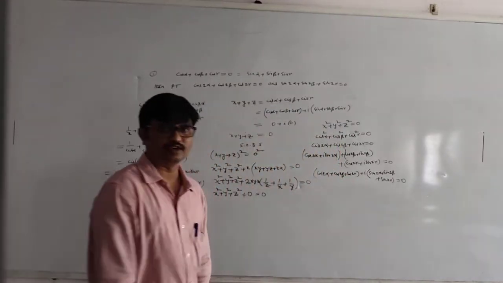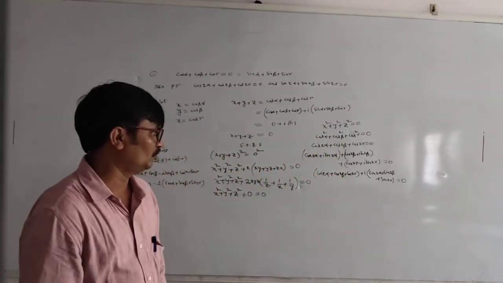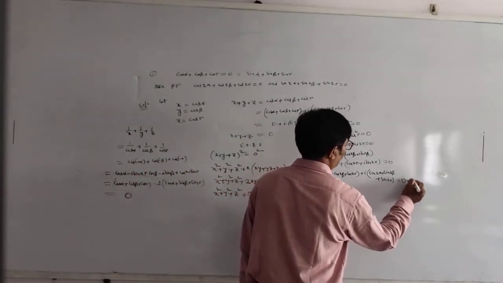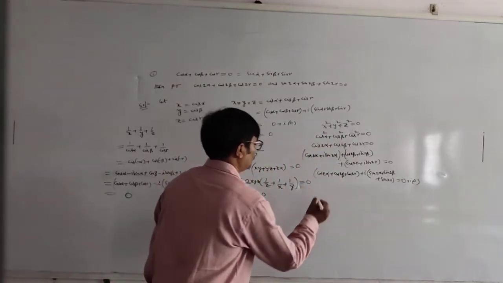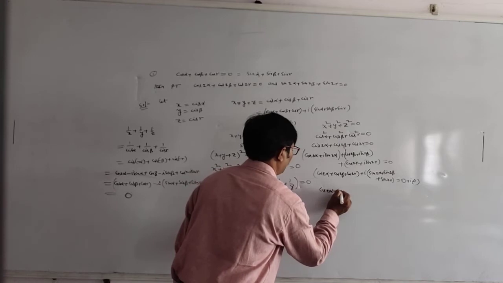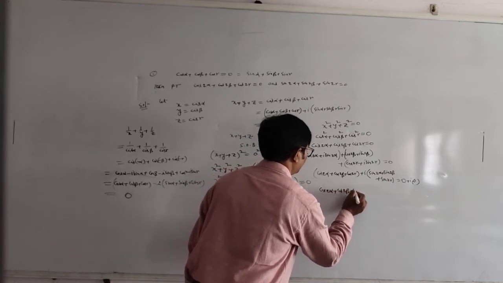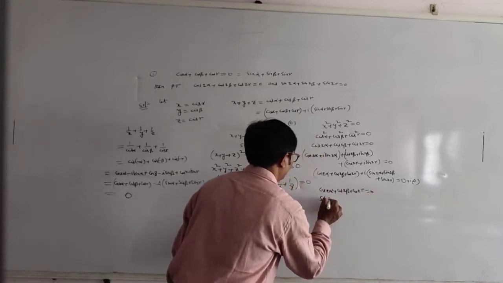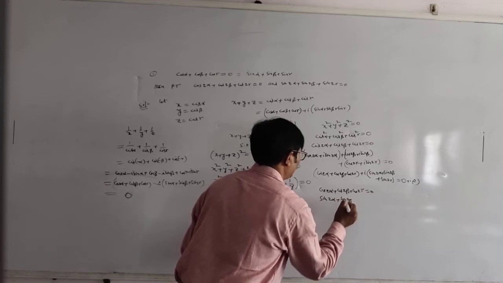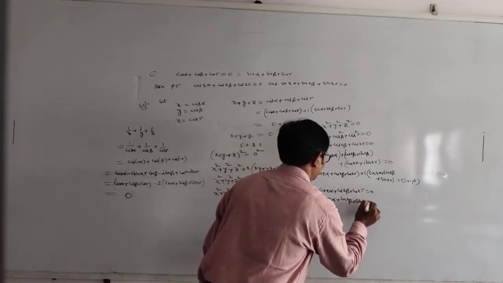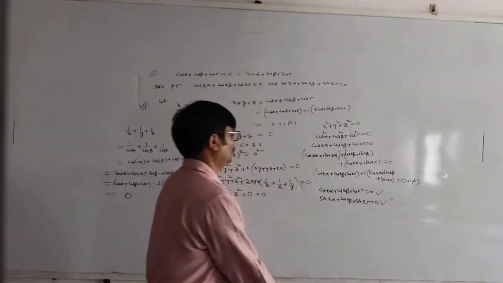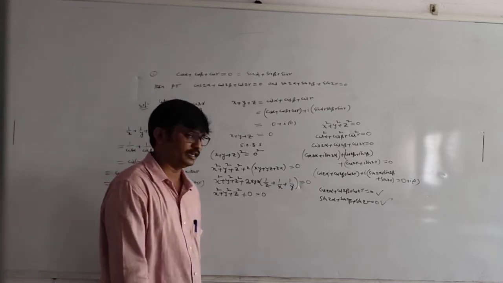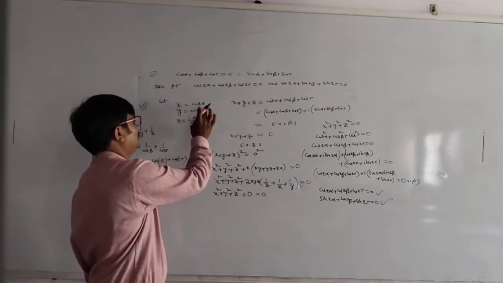Now students, equating the real and imaginary parts on both sides, the real part will be 0 and the imaginary part is also i into 0. So cos 2 alpha plus cos 2 beta plus cos 2 gamma equals 0, and sin 2 alpha plus sin 2 beta plus sin 2 gamma equals 0. Do you understand, students? First we take x as cis alpha, cis beta, cis gamma.